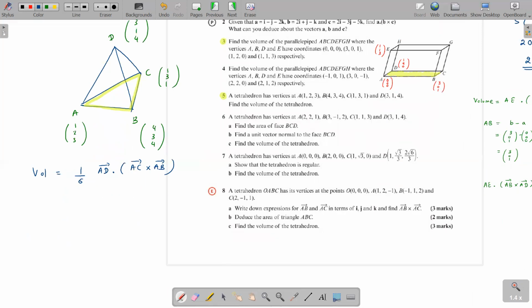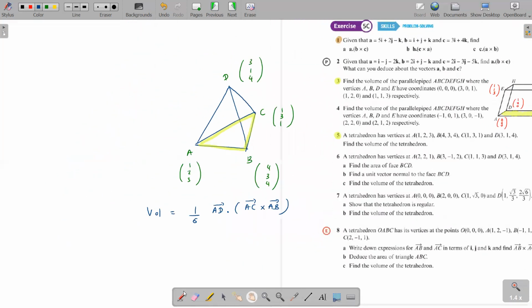First things first, we have to get the AD vector, AC vector, and the AB vector. AD is D minus A. D is 3, 1, 4 minus A, which is 1, 2, 3. What do we get? 3 minus 1 is 2. 1 minus 2 is minus 1. 4 minus 3 is 1. Then the AC vector is C minus A, which is 1, 3, 1 minus 1, 2, 3.